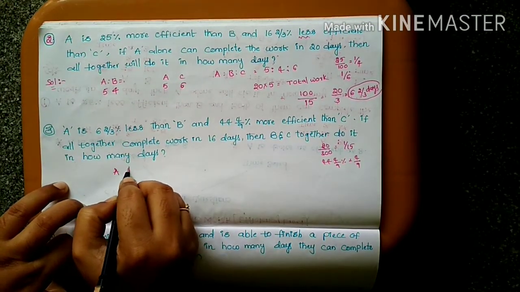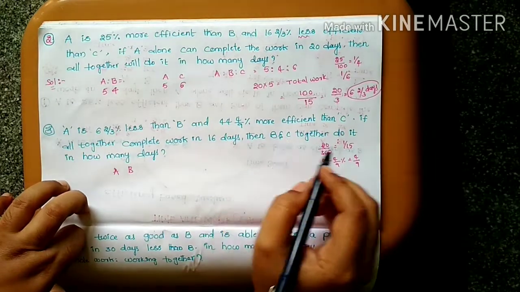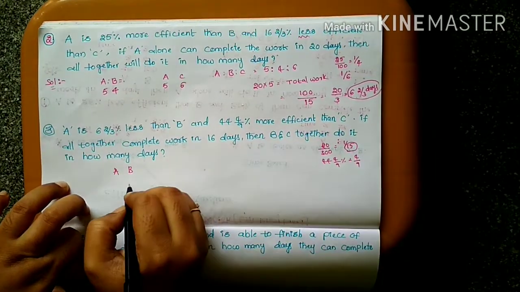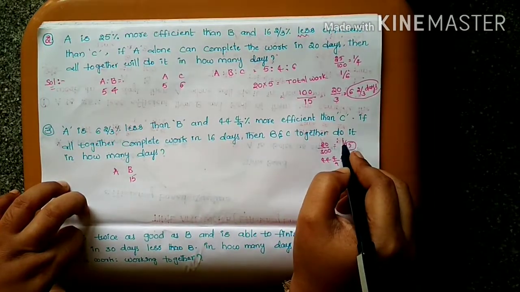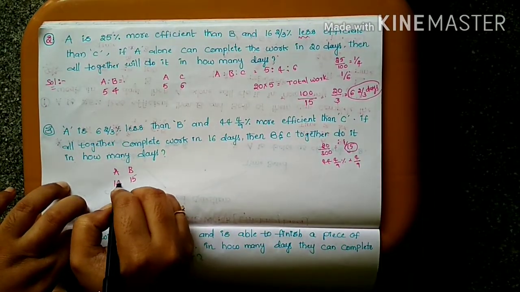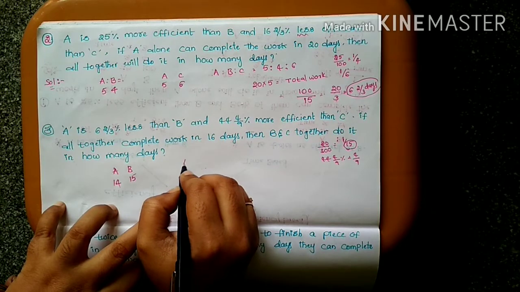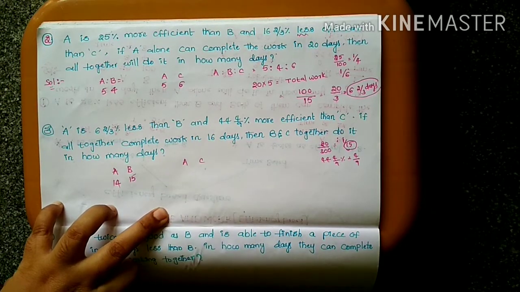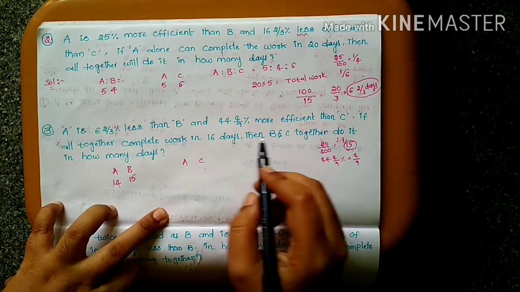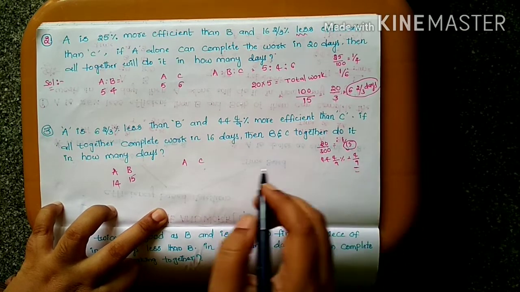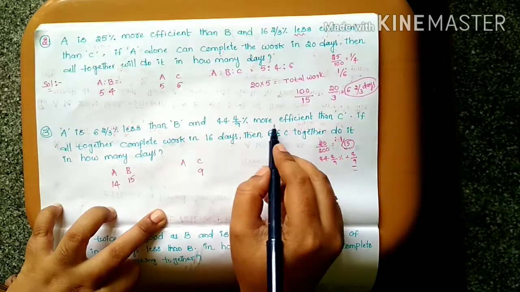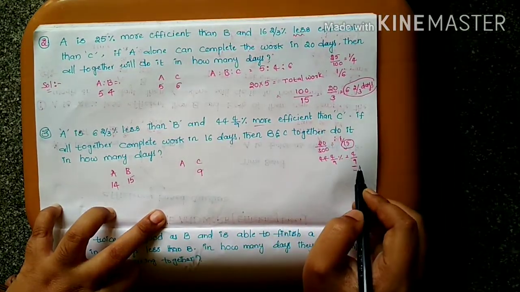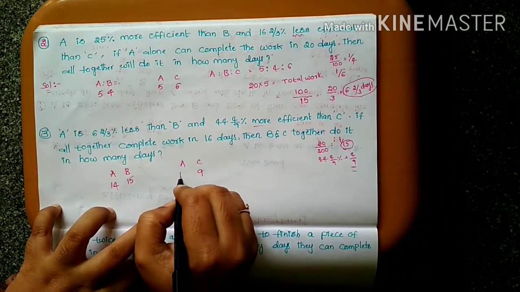A to B. So B is 15. Here A is less, 15 minus 1 is 14. So A is 14. Next A to C. Here C is 9. A is more efficient than C, so 9 plus 4 is 13.